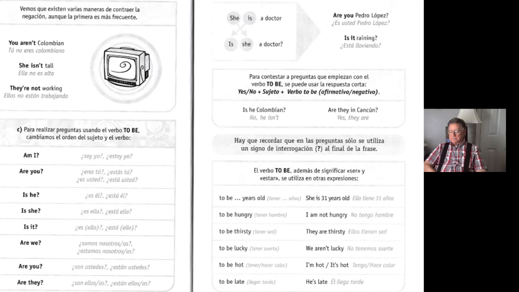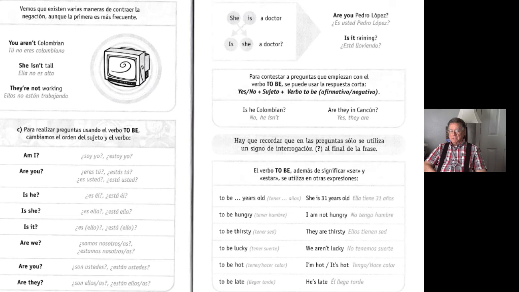To be hungry. I'm not hungry. I am not hungry. To be thirsty. Are they thirsty? They are thirsty. Ellos tienen sed.